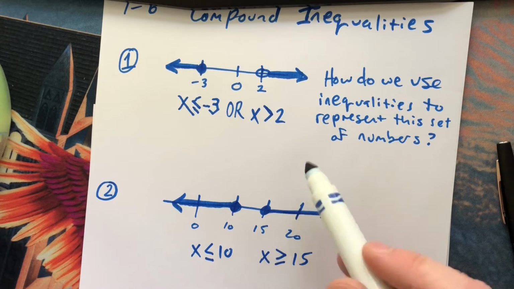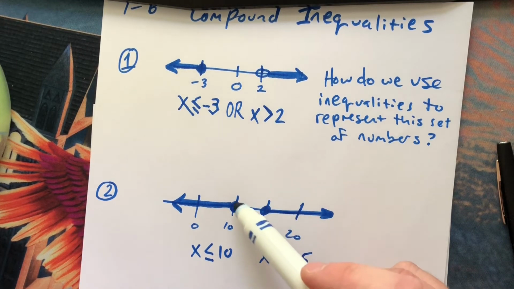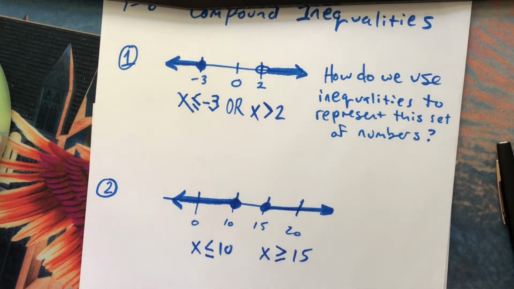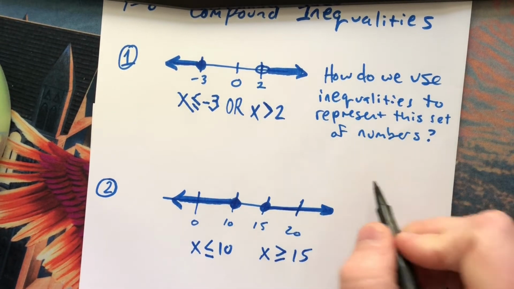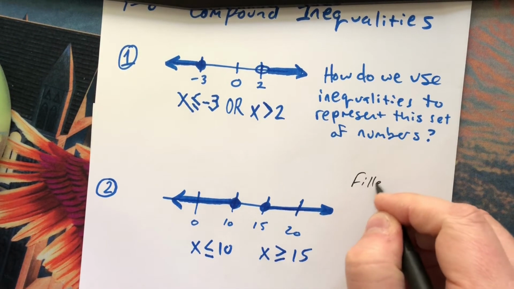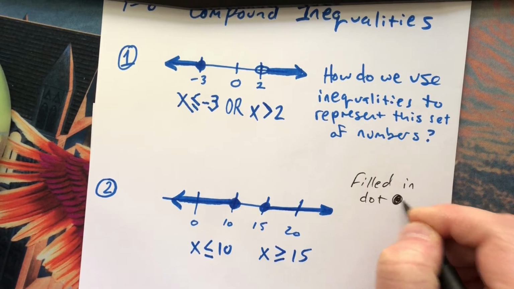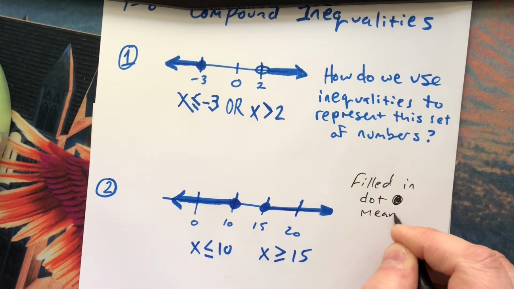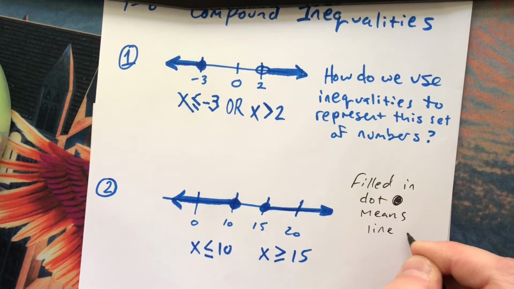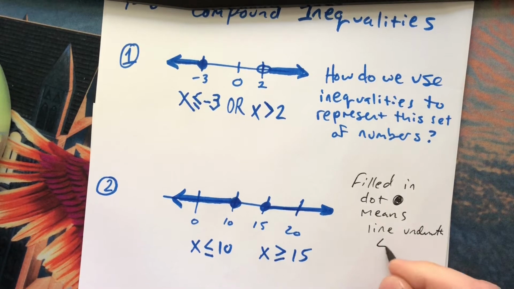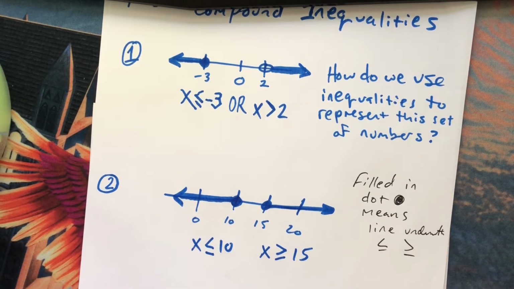If you did not remember that a filled in circle means the filled in line underneath, you might want to write something down like filled in dot means line underneath. You know, like I would write something like that if I forgot that.